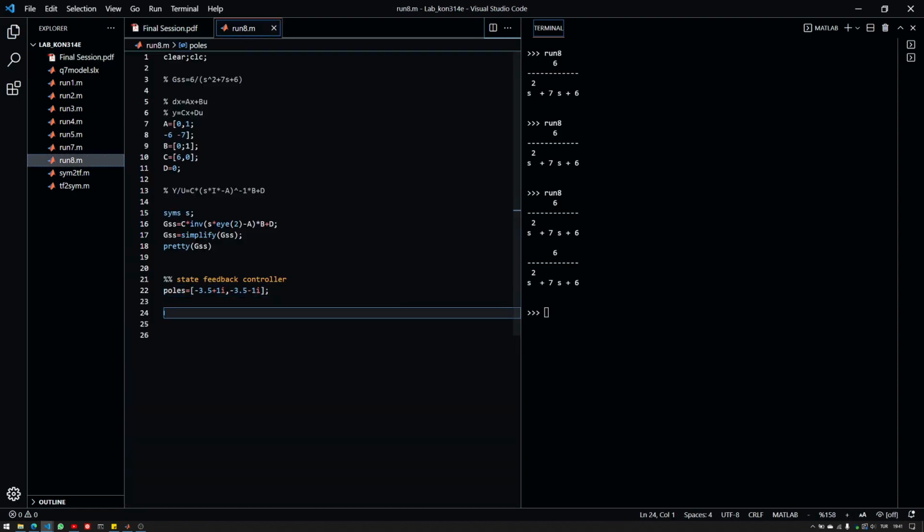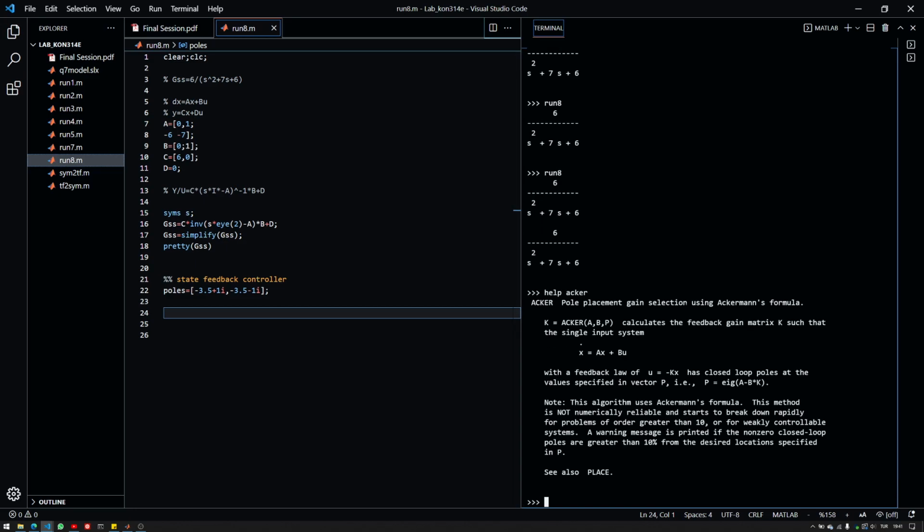Those are the poles. Now, here we will utilize the Ackermann formula. And there's also a command for it, acker. But I will show you the formula itself, because if you have only pen and paper and calculator available, you won't have MATLAB, so acker cannot help you, or place.